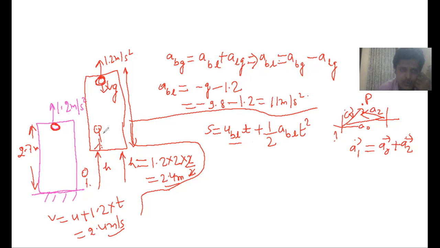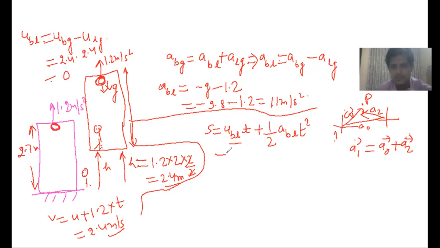Velocity of bolt with respect to lift is bolt with respect to ground minus lift with respect to ground. They both have a speed of 2.4, so 2.4 minus 2.4 will be 0. So this term will be 0 into t, 0. So I will have half into minus 11 into t square.